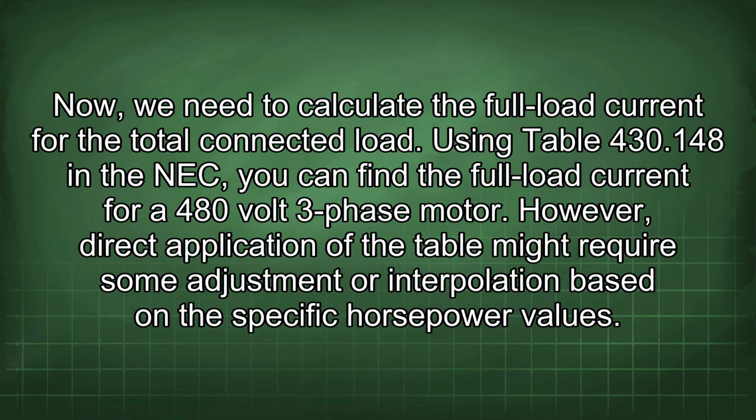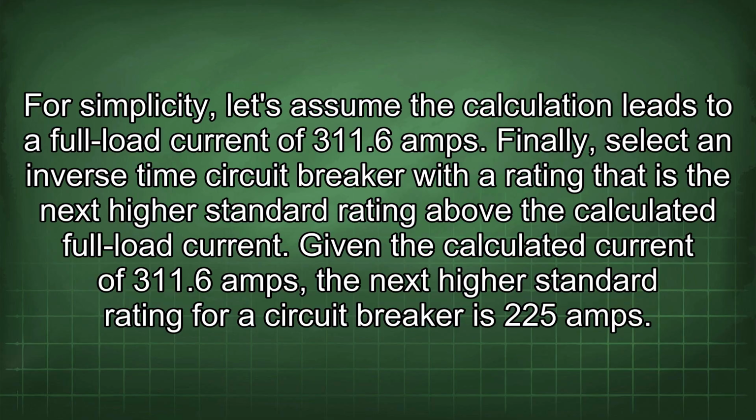Now, we need to calculate the full load current for the total connected load. Using table 430.148 in the NEC, you can find the full load current for a 480 volt three-phase motor. However, direct application of the table might require some adjustment or interpolation based on the specific horsepower values. For simplicity, let's assume the calculation leads to a full load current of 311.6 amps.